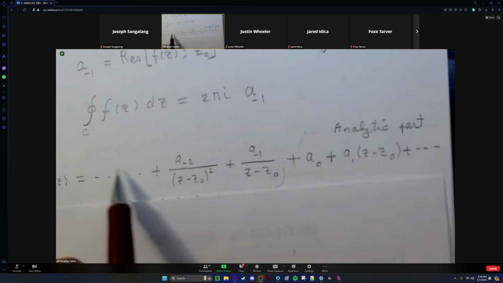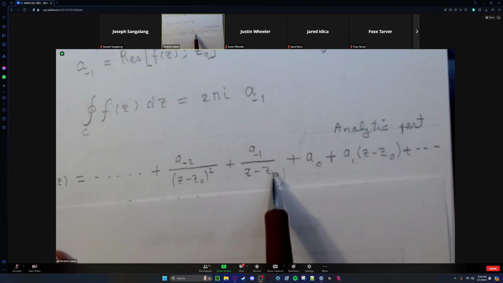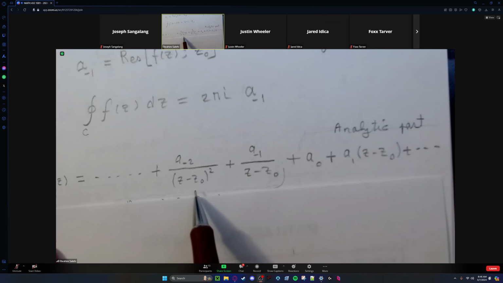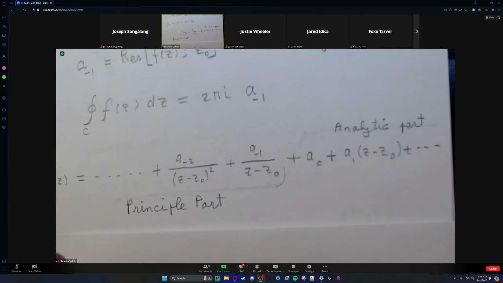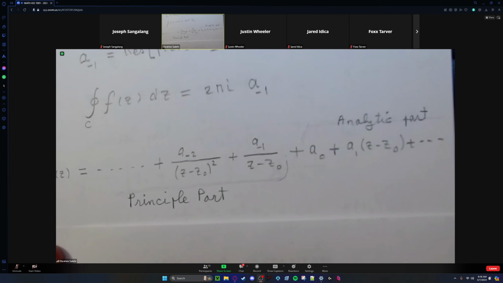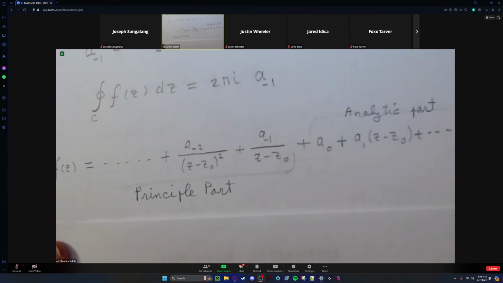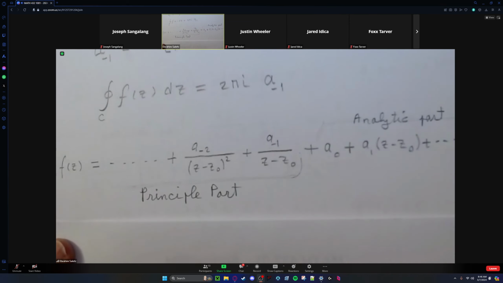The part that contains all the terms where z minus z0 is in the denominator, this part is called the principal part. We are going to classify these isolated singularities based on this principal part.